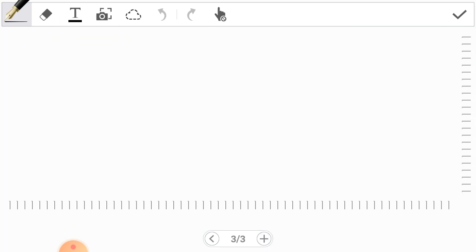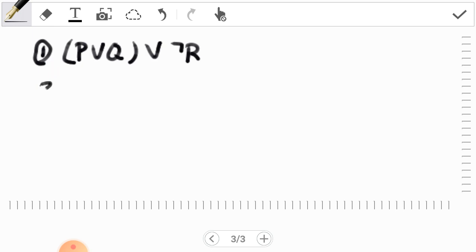And number 3 of our homework, we have the first premise is P or Q or not R. That's the first premise.